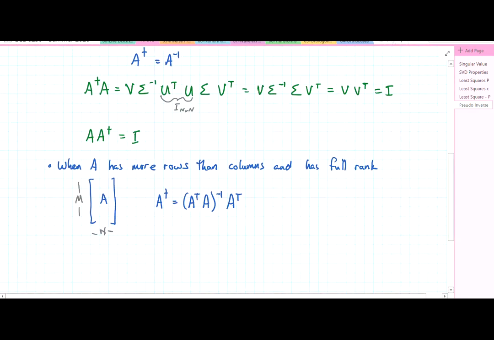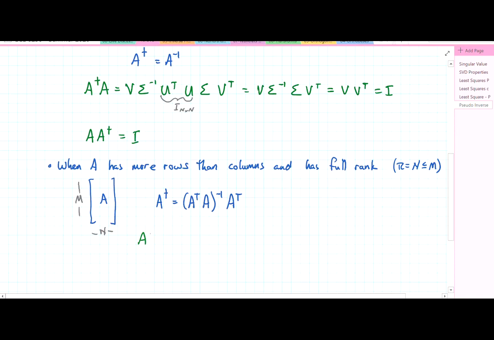So, in this case, I guess I should put R is equal to N, and that's less than M. Because it's full rank, because R is equal to N, this works. So let's look at this in more detail.